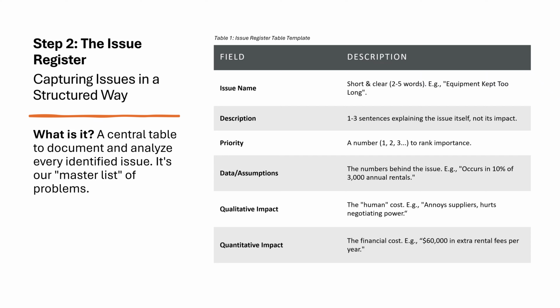Most importantly, we captured the qualitative impact, the human cost like frustration or annoyance, and the quantitative impact, the financial cost like the $60,000 in extra rental fees per year. The structure ensures every issue is characterized based on the real business impact.